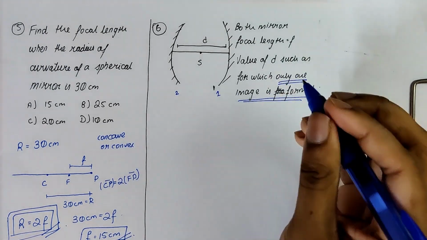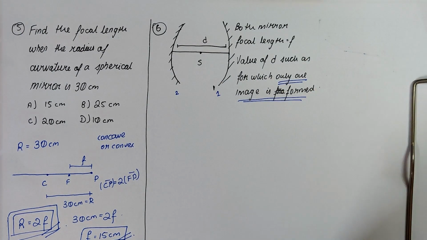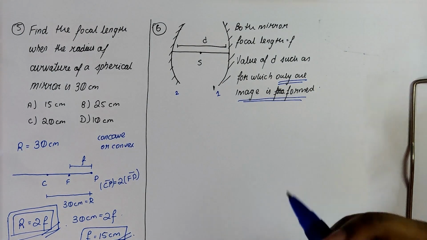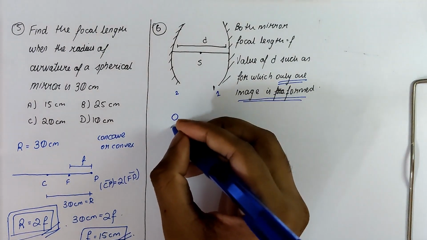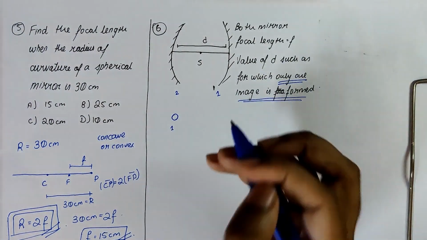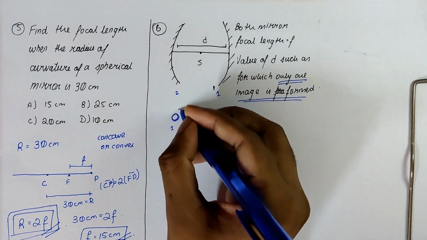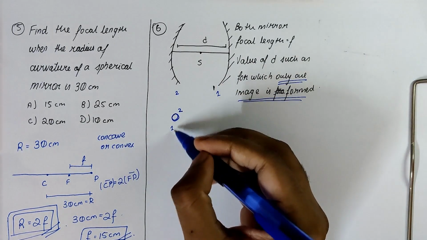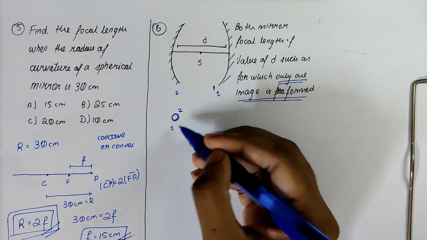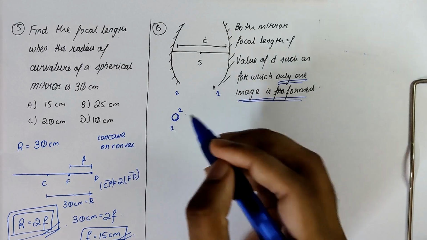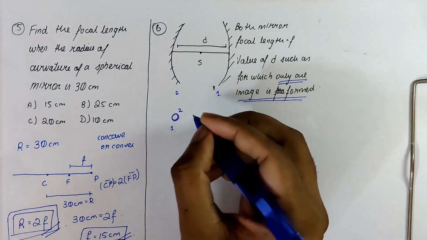The only possibility when two images form as one image is when they coincide with each other. That is, you have an object here, that's image 1. Now if I draw another ball at the same place as ball number 1, the image 2, it will show as one image. Both image 1 and image 2 are two different things, but they are coinciding, so it appears as one image.